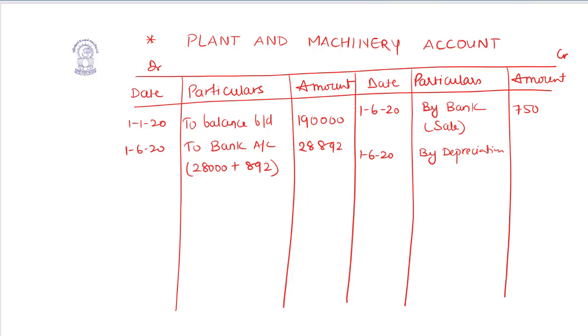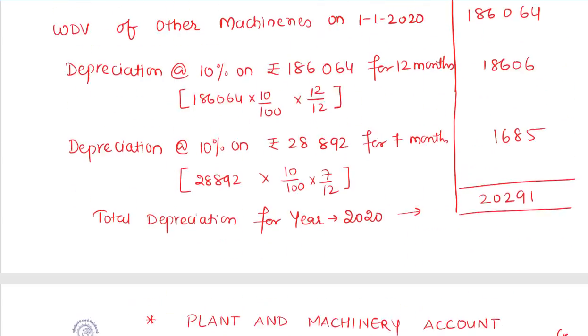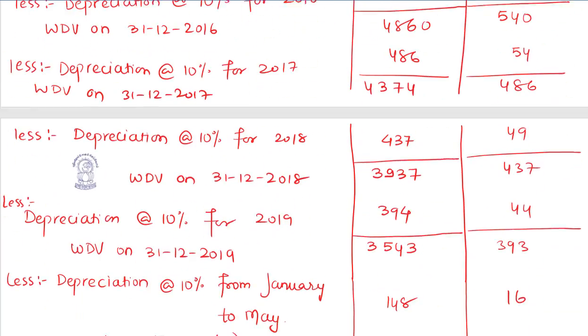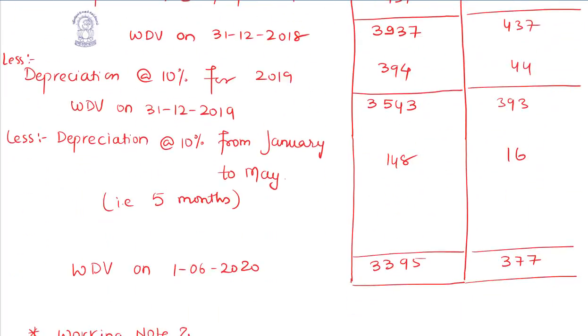We have calculated the depreciation in working note number 1. We have used it for 5 months and the depreciation amount is 148.